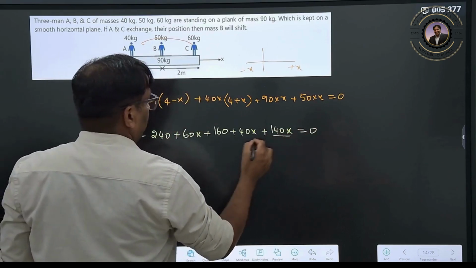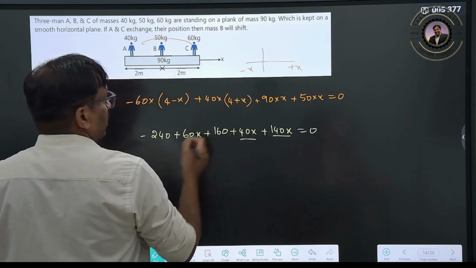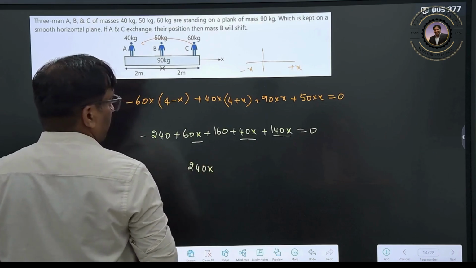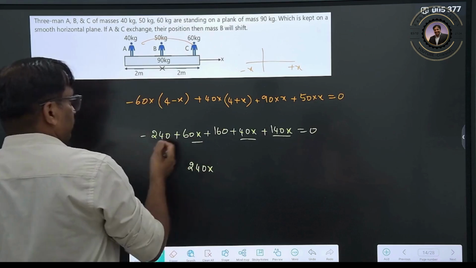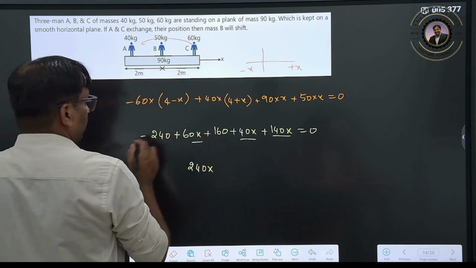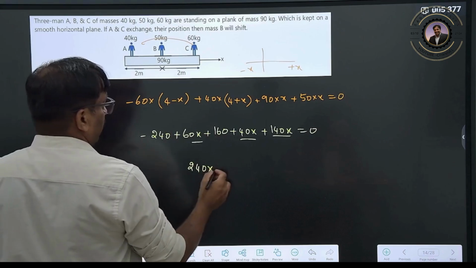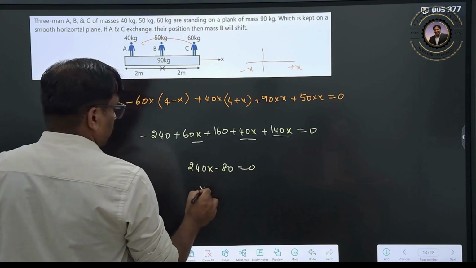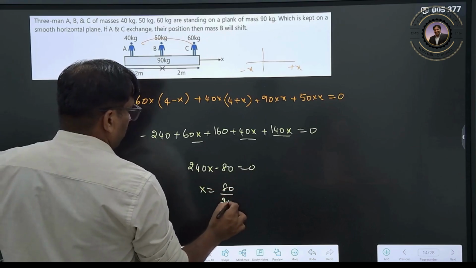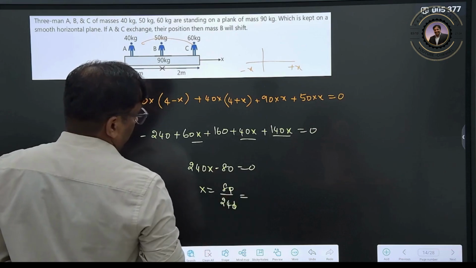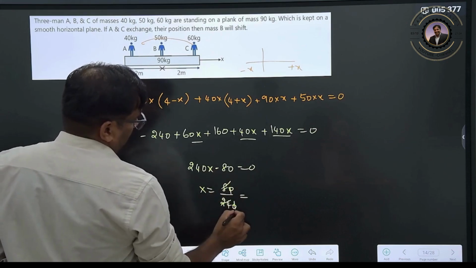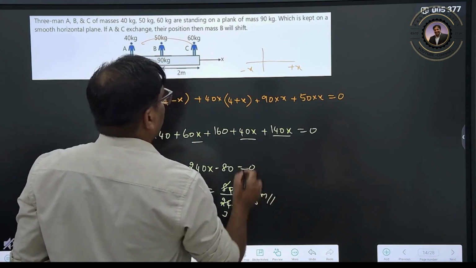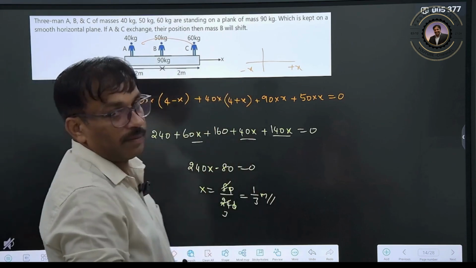So 140, 40, 60, therefore 40 plus 60, 100, therefore it will be 240x, therefore 160 minus 240, therefore 40, therefore minus 80, it will be equal to 0. So x is equal to 80 by 240, therefore 1 by 3 meters, therefore it will travel 1 by 3 meters now.